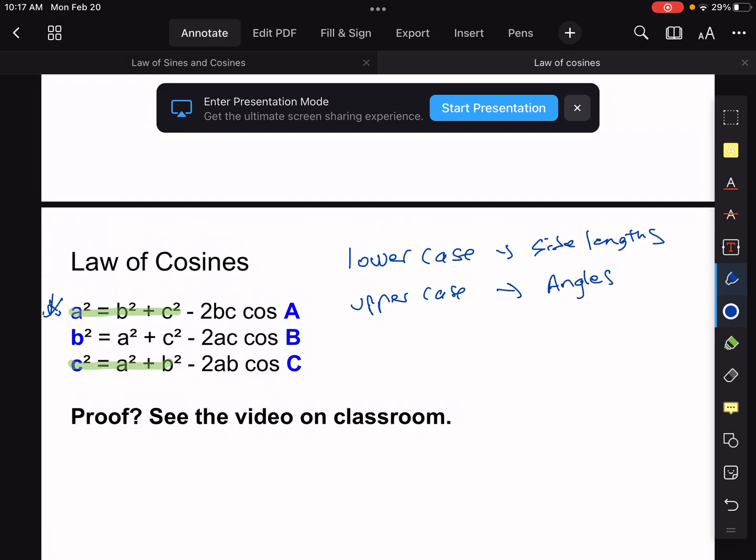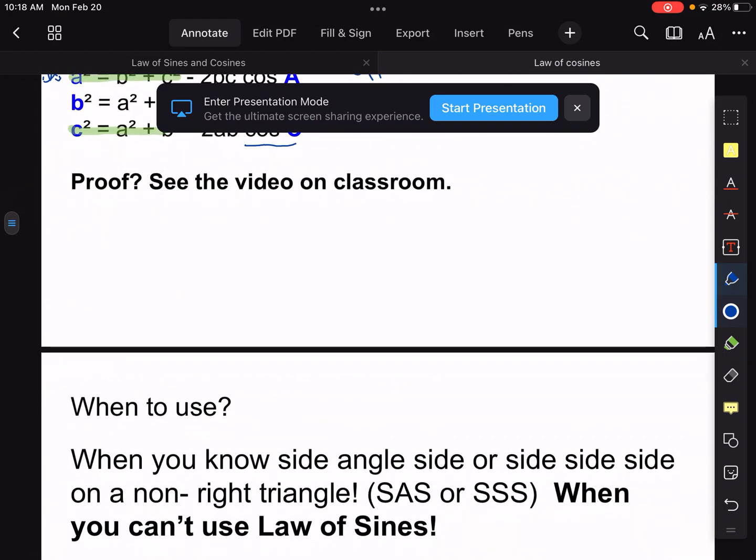So take mental note of that, or make that clear in your notes. In other words, when you're taking the cosine of something, you're looking at the angle. All this other A, B, and C stuff is just side lengths in the triangle. This hopefully should be in your notes, but highlight that and make sure you are good.